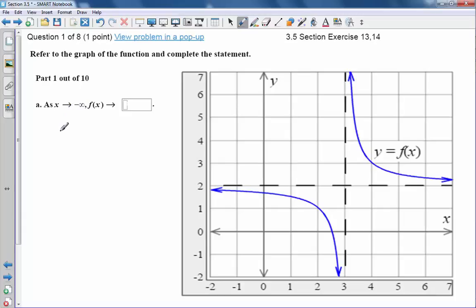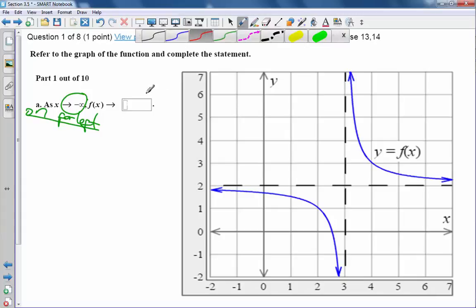No, negative infinity means negative huge. This means far left. So it's saying on the far left of the picture, where are f of x values approaching? What y values are you getting nearby?